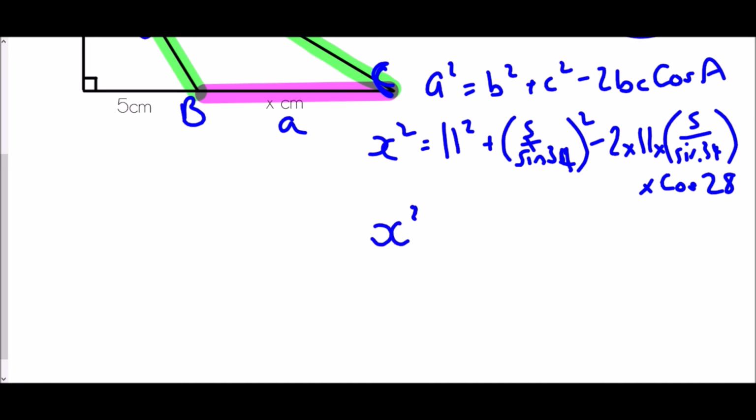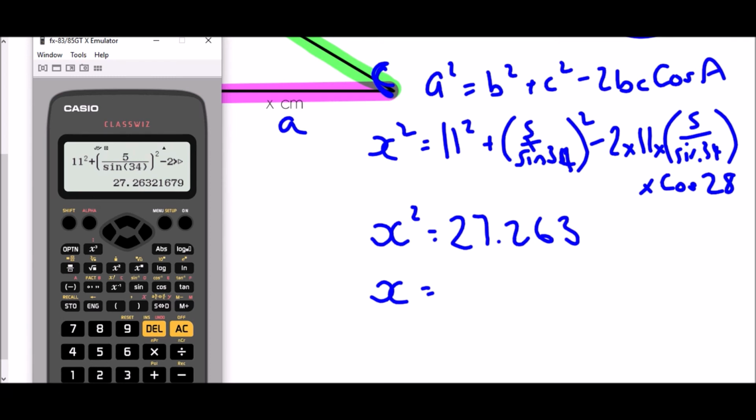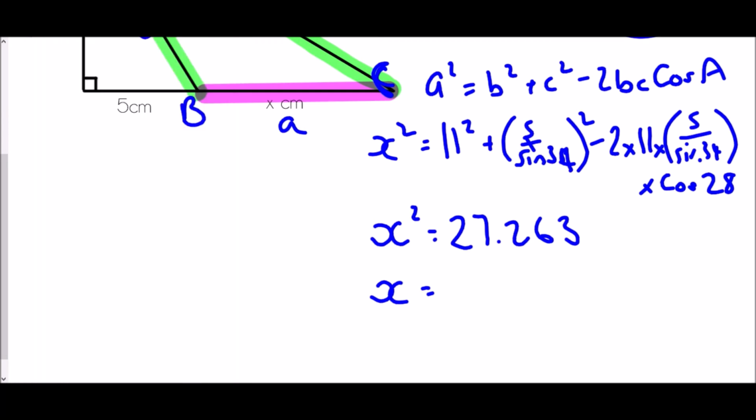So x squared is 27.263, but we actually want to know what x is, so we must do the square root of that. So the square root answer equals 5.22 centimeters.